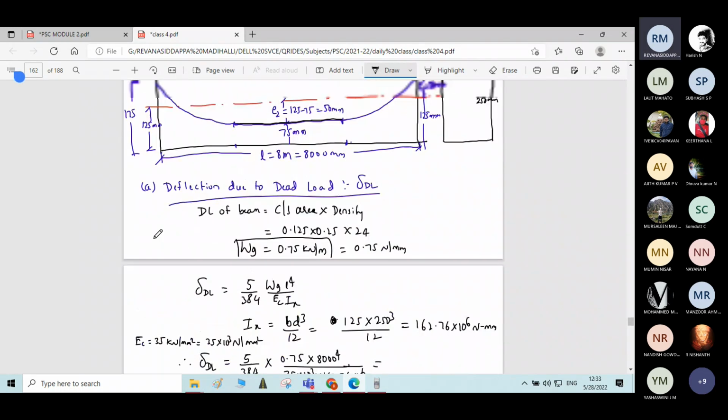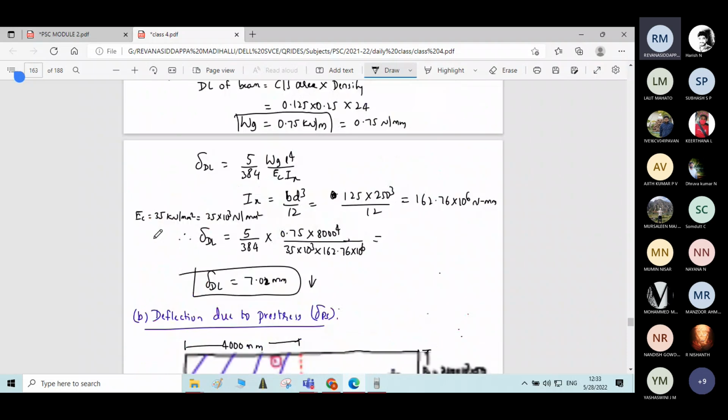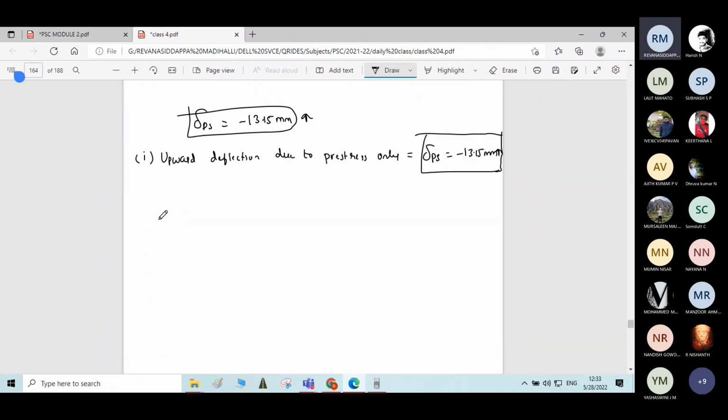Coming to the second question: deflection due to prestress plus self-weight. The deflection due to prestress and self-weight is equal to delta PS plus delta dead load.